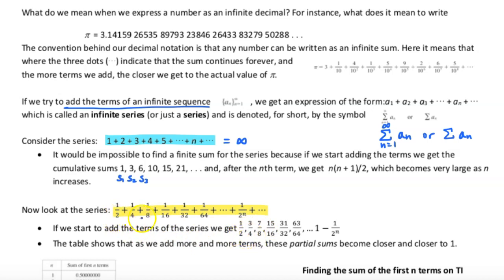S2 is going to be 1/2 plus 1/4, which is 3/4. S3, 1/2 plus 1/4 plus 1/8, and we can see that same pattern happening here. And if I find a general rule for all of these terms, if I want a formula for all of these terms, I get 1 minus 1 over 2 to the n.